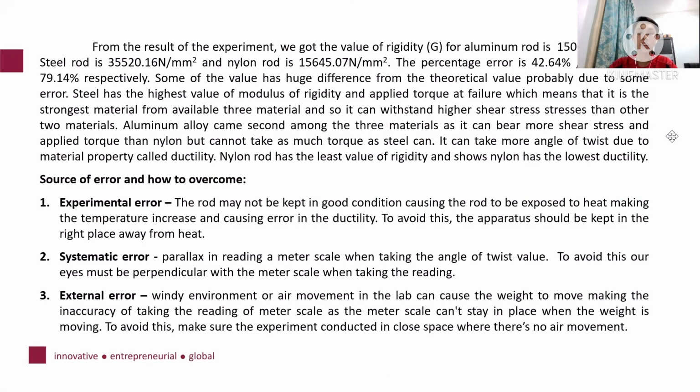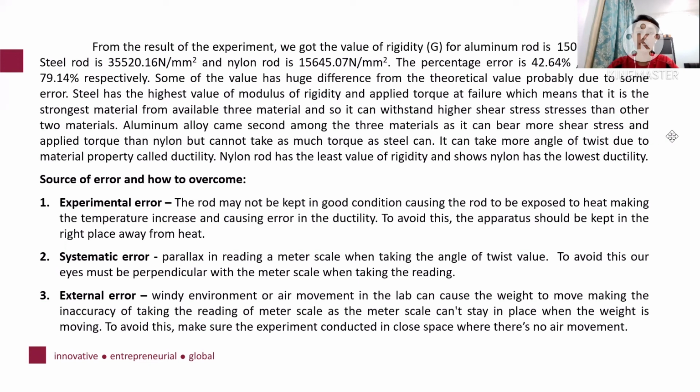From the result, we got the value of rigidity G for aluminium rod is 15025.86 Newton, for steel rod is 35520.16 Newton, and for nylon rod is 15645.07 Newton. So the percentage errors are 42.64%, 55.04%, and 79.14% respectively. Some of the values have a huge difference from the theoretical value, probably due to some error.